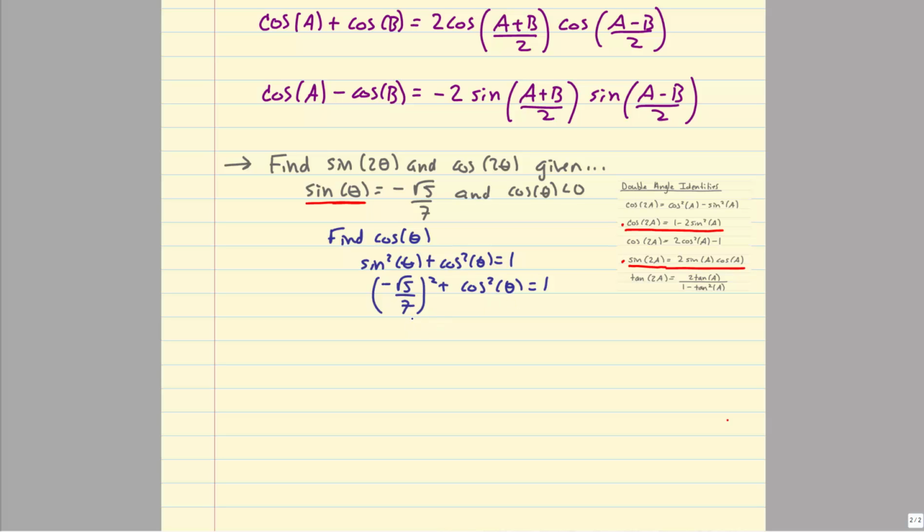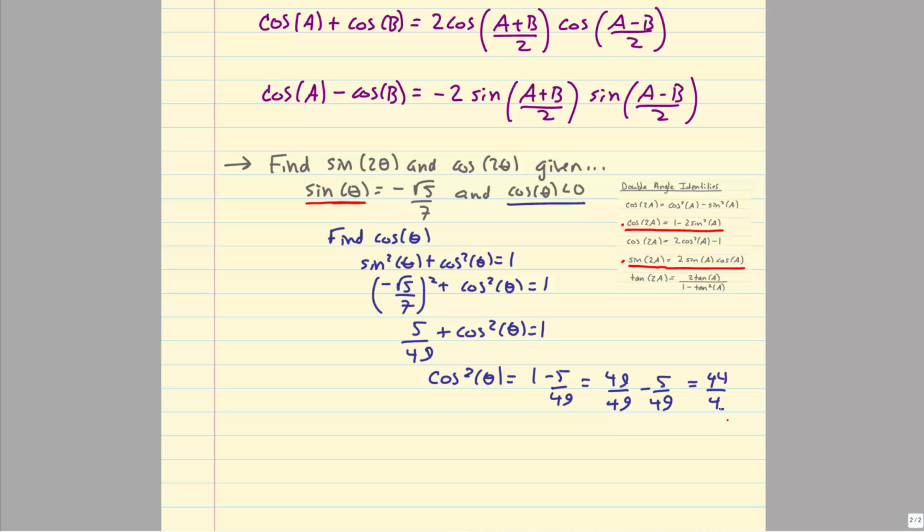Solving for cosine, and remember cosine is less than 0, meaning negative, so I know I need to take the negative root here. I'll have 5 over 49 plus cosine squared of theta equals 1. Cosine squared of theta equals 1 minus 5 over 49, which would be 49 over 49, finding a common denominator, minus 5 over 49, which is 44 over 49.